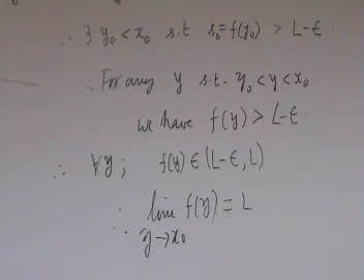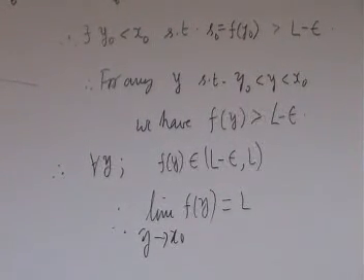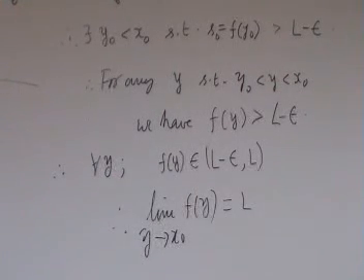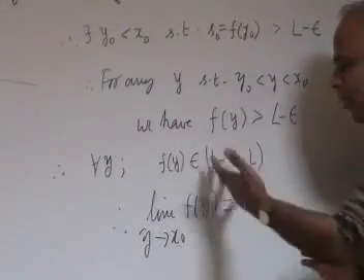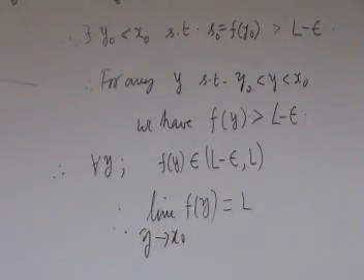For any given epsilon, I can make all of them lie in L minus epsilon, L beyond a certain stage. That stage is that y naught stage. So beyond a certain stage, all the values lie in L minus epsilon, L, and therefore I can do it for every epsilon. Therefore, as y tends to x naught, it will be L.